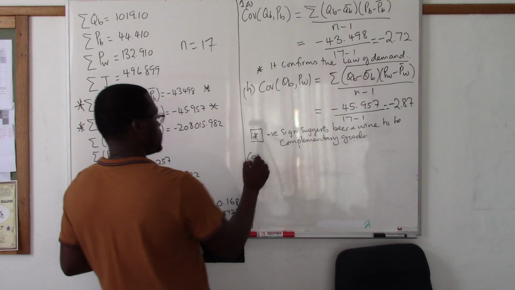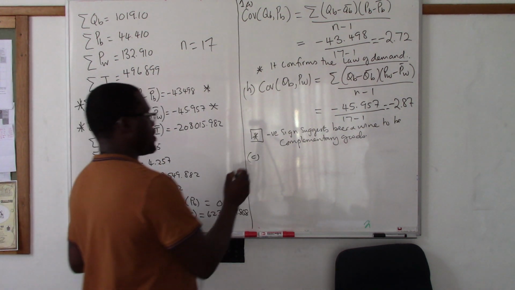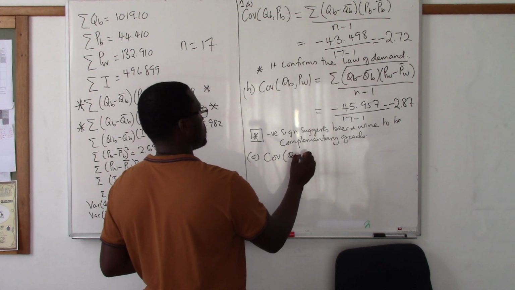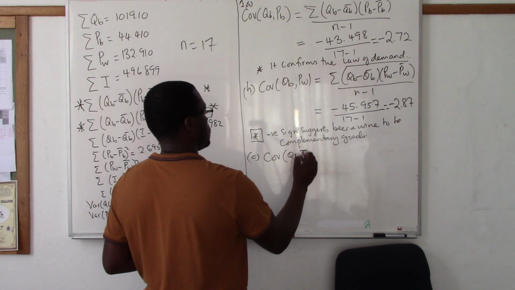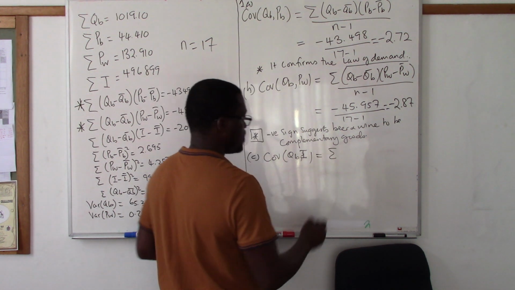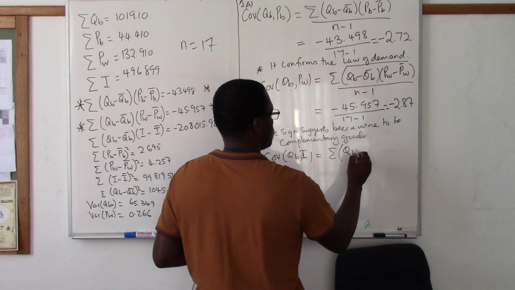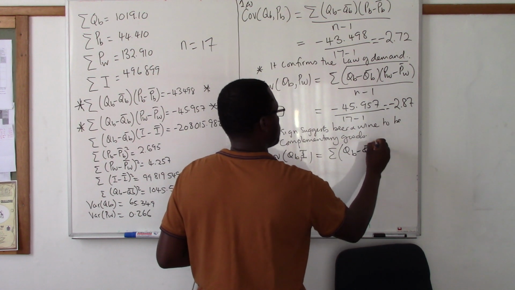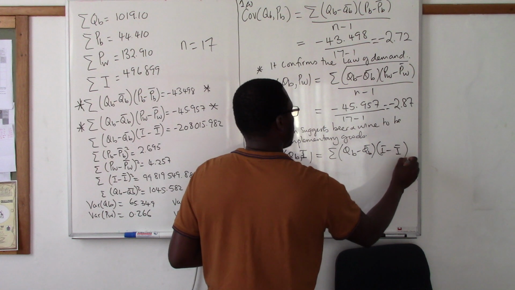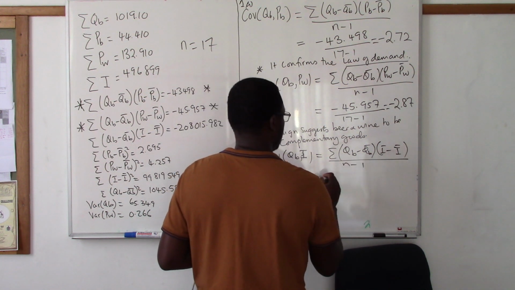Then you go to your C, which requires you to compute the covariance of QB and your income. And this must be the sum of QB minus QB bar, income minus income bar, over n minus 1.